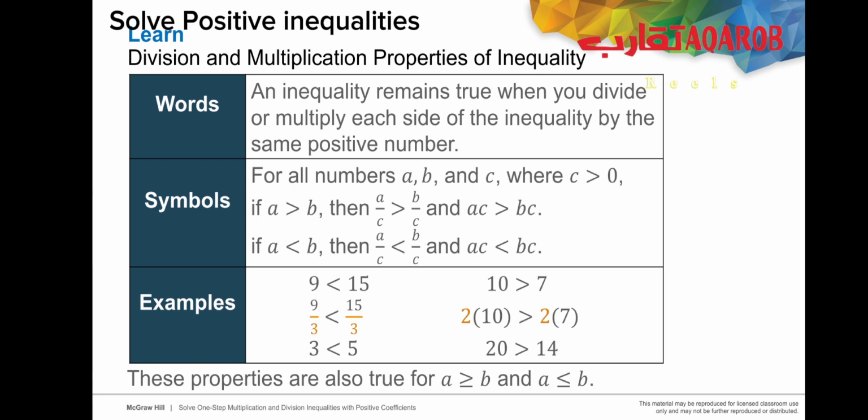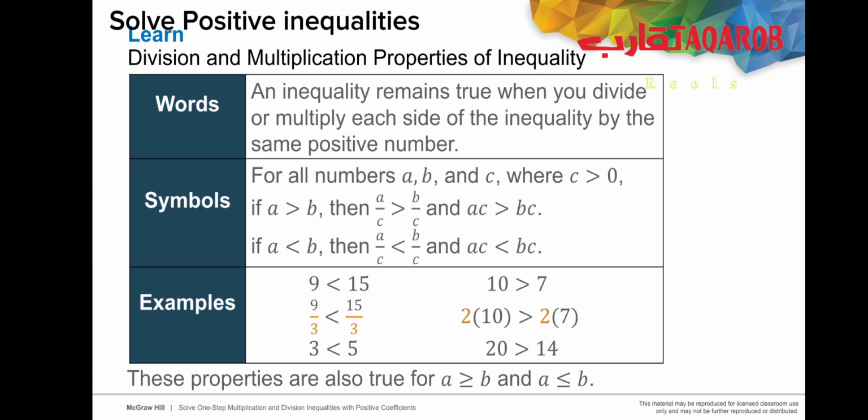For all numbers A, B, and C, if A is more than B and you divide A by C, you have to divide B by C to keep the inequality true. And if you multiply A times C, you have to multiply B times C. The same thing if A is less than B: if you divide or multiply by the same quantity, you should do that for both sides of the inequality.